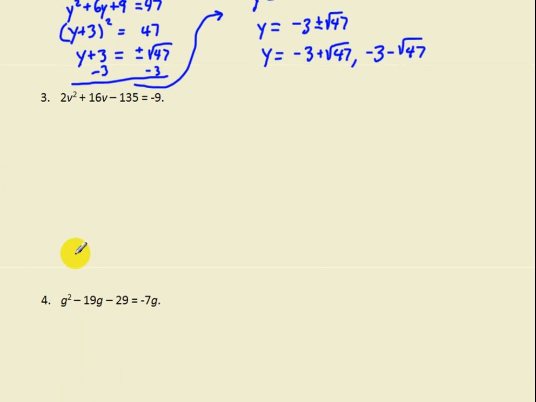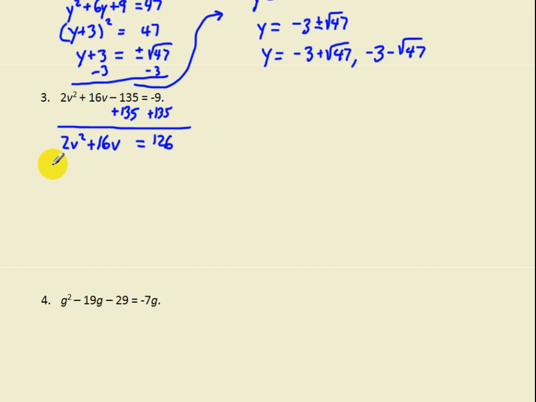Number 3, 2v squared plus 16v minus 135 equals negative 9. So we're going to start by adding 135 to each side. Okay, and now we have 2v squared plus 16v equals 126. And now notice we could factor out a 2 here.